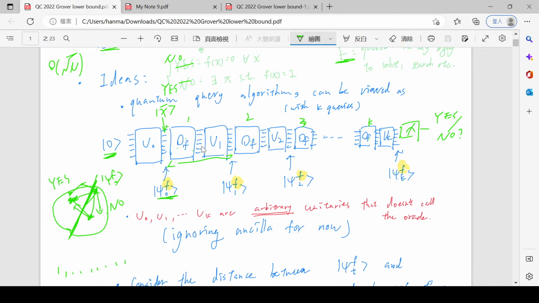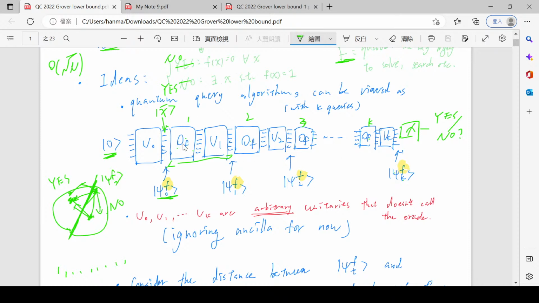So it's after the k-th oracle call, but we also include this extra unitary, which doesn't really matter, but we define it this way. So at a high level it's the state after k oracle calls, and also has this f.